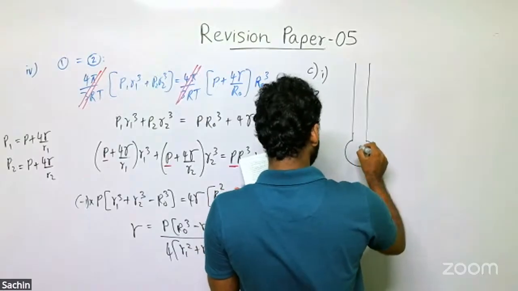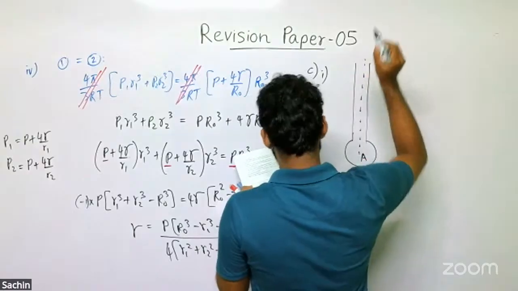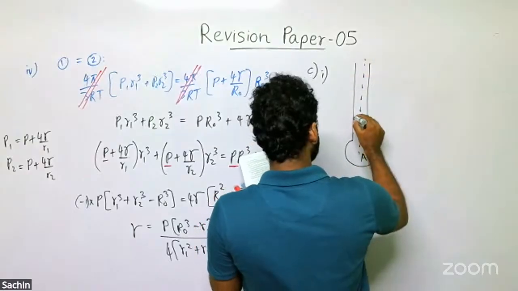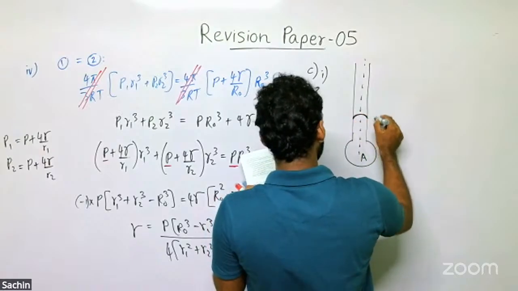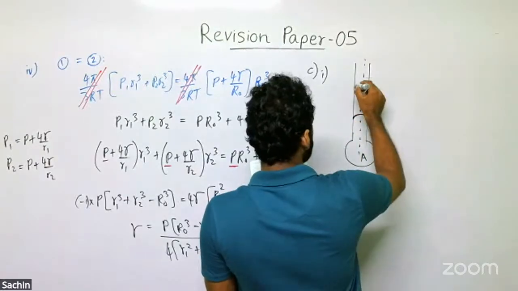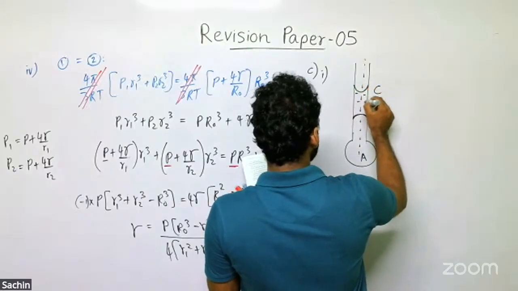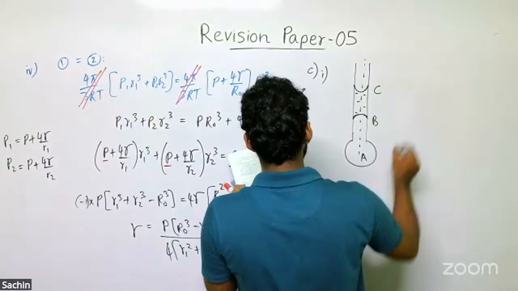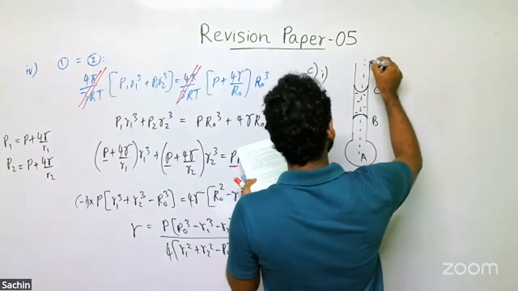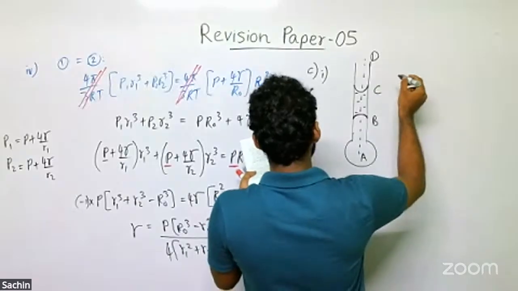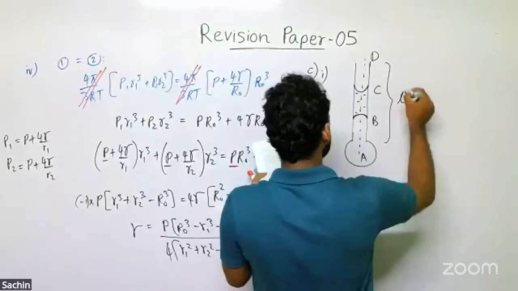This point is A. This portion is called B. Here at the top it is called C. And here it is D. We have given this whole length as L. We will see how that is useful.